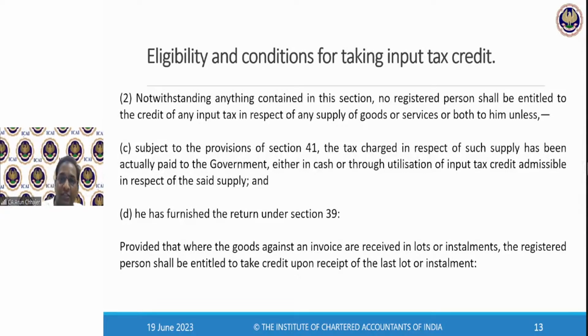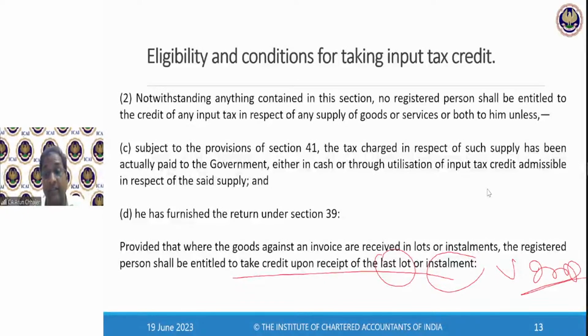So the last point, kindly read that proviso. It says that if the goods are being received in lots or installments, it means goods are not coming in one shot. They are coming in lots, batches, installments. Then ITC would be available only on the last lot or installment. Very, very important condition. When you do the practical cases, you will find this point, that goods have been received in the next month. When you take the ITC, it is when the last lot is received.